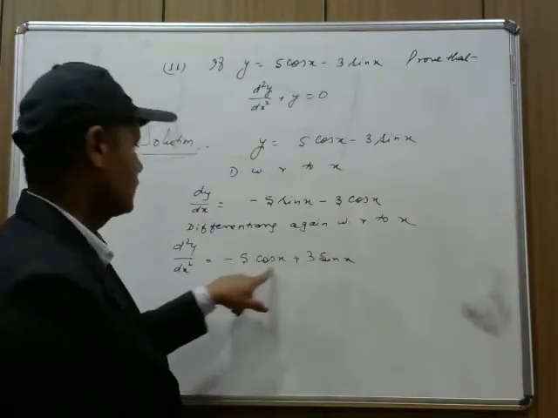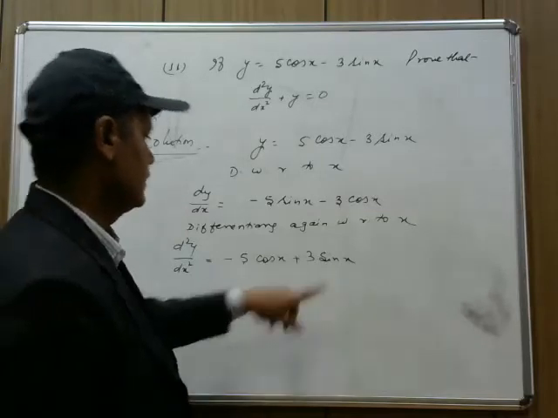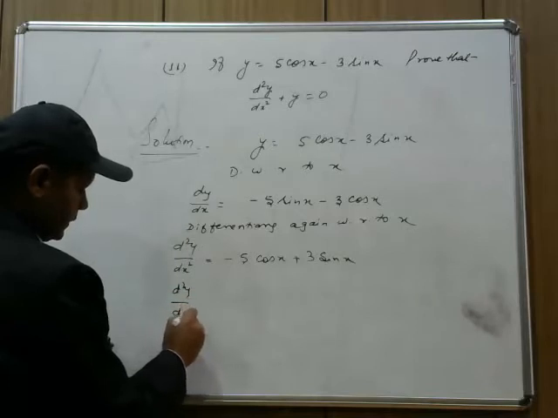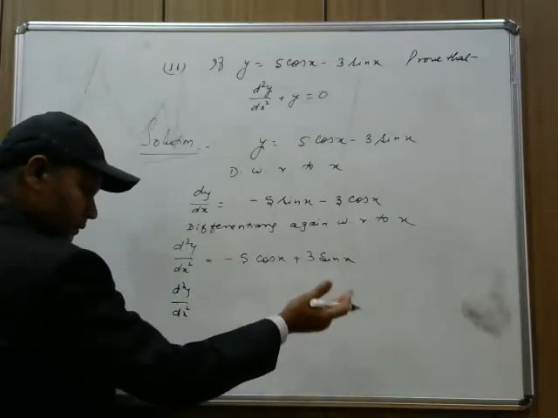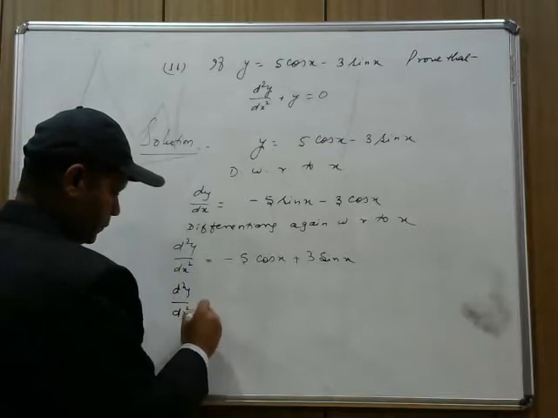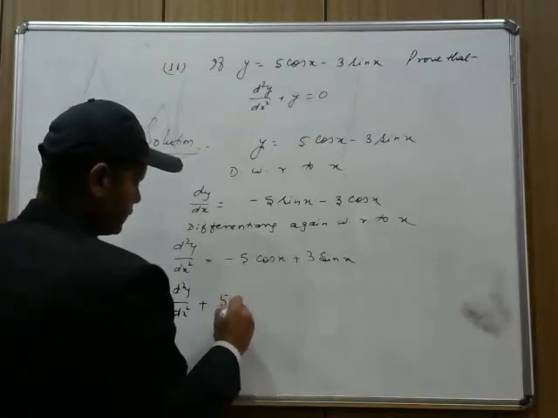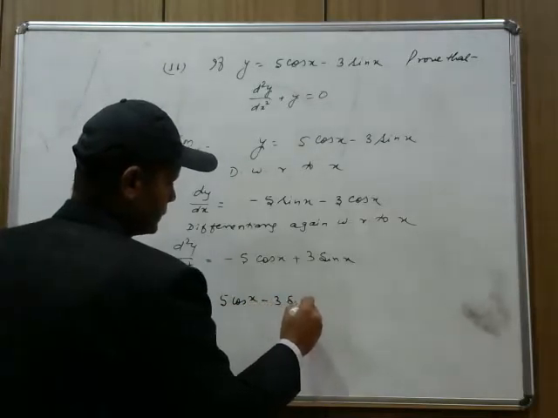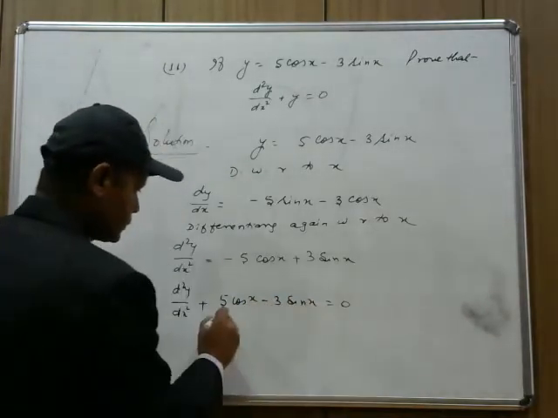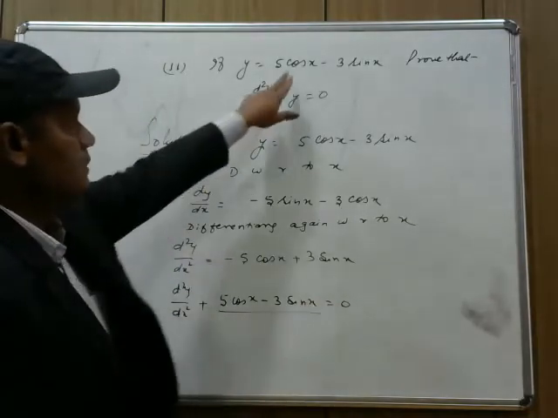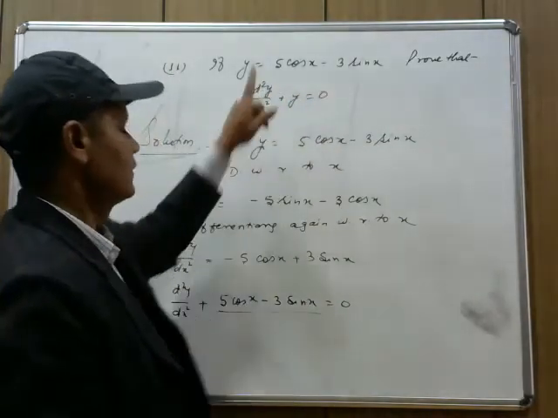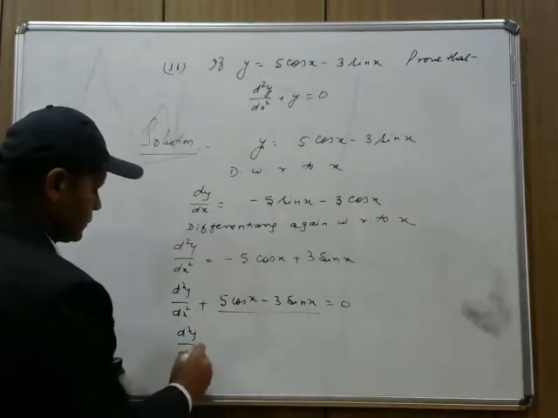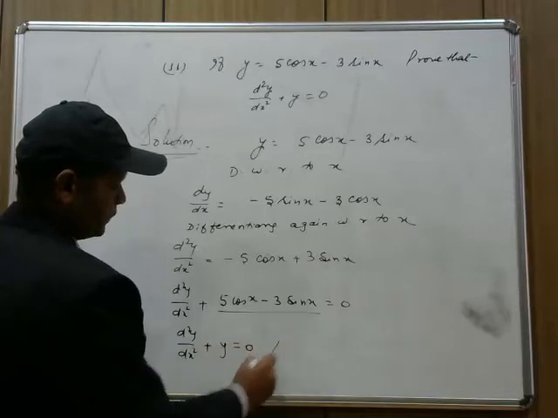So now minus 5 cos x plus 3 sin x. Now bring d2y by dx square to the left hand side, plus 5 cos x minus 3 sin x equal to 0, and actually 5 cos x minus 3 sin x is the value of y. Therefore, d2y by dx square plus y equal to 0.